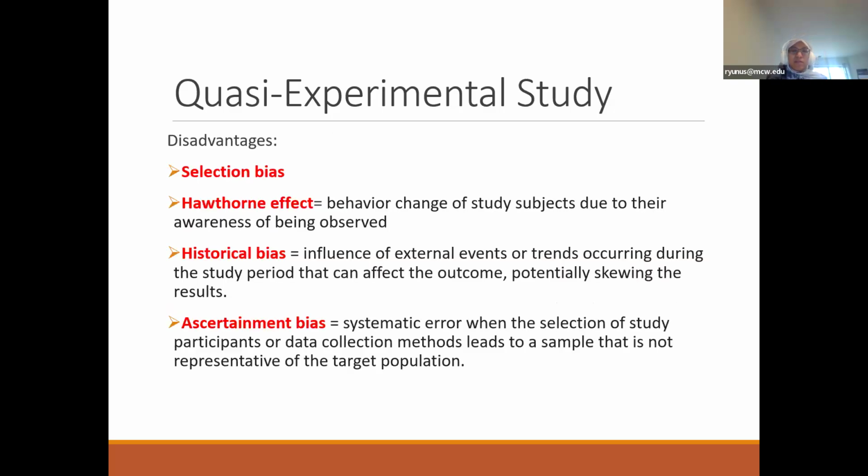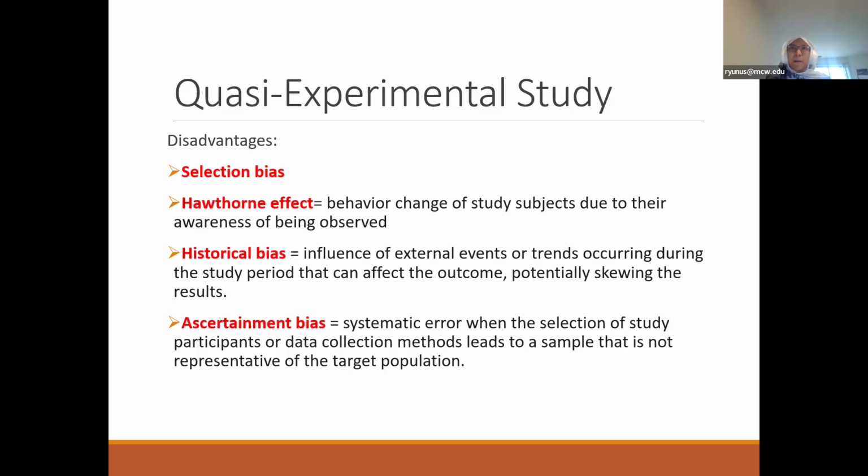Some disadvantages of quasi-experimental, and you will see that all these disadvantages that I'm going to mention are mostly related to the fact that you do not perform random assignment or randomization in this study design. So of course, when you don't perform random assignment, the first bias that you will get is selection bias, right?